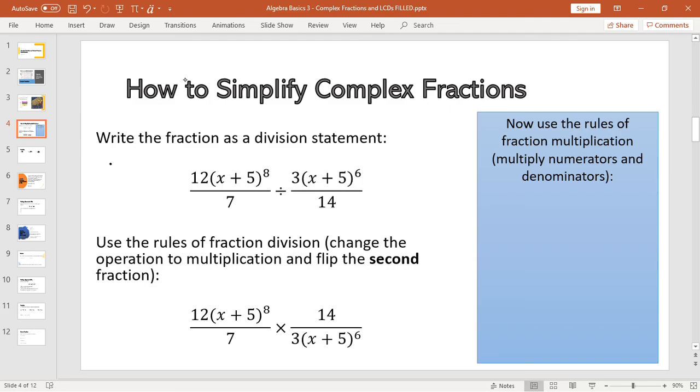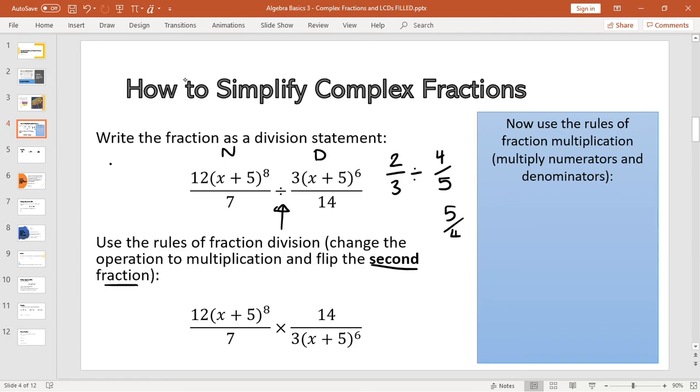First, you're going to break that fraction up. This was the numerator and this was the denominator, and you're going to write it old school with the division sign. Now what you need to remember, or relearn, is that when you want to divide fractions, like if I had 2/3 and I wanted to divide it by, let's say, 4/5, the first step is flip the second fraction, and only the second fraction.